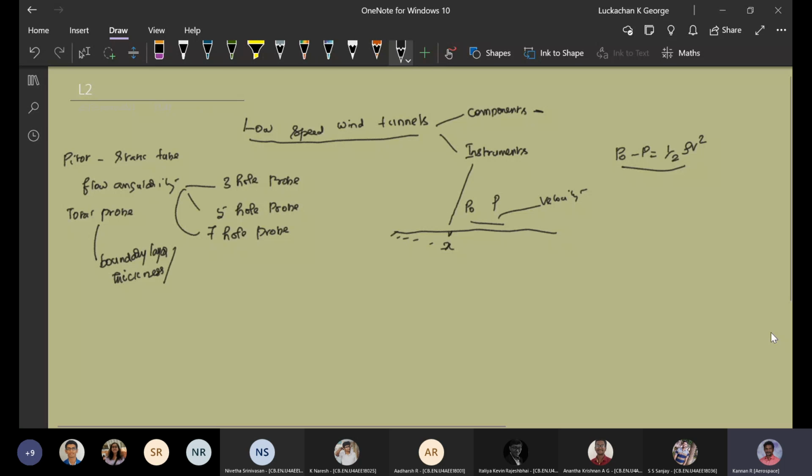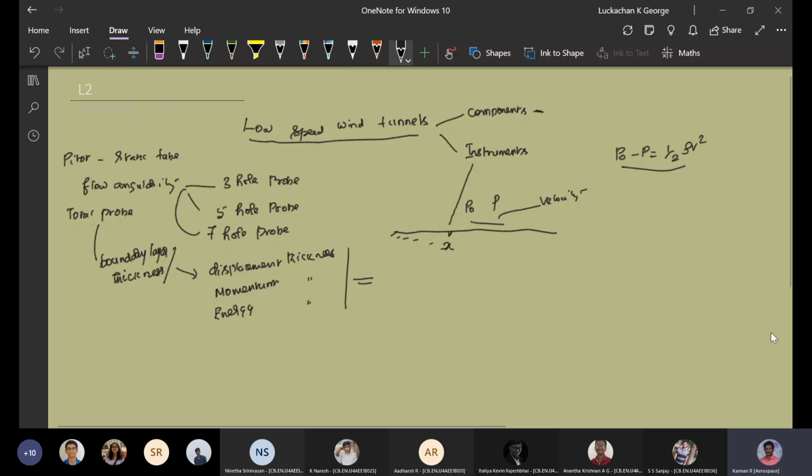Even in the viva, I asked about the different boundary layer thicknesses: displacement thickness, momentum thickness, and energy thickness. These are the three types of boundary layer thickness.